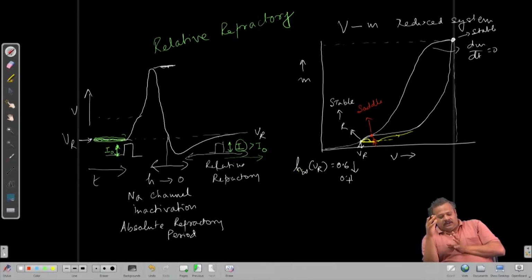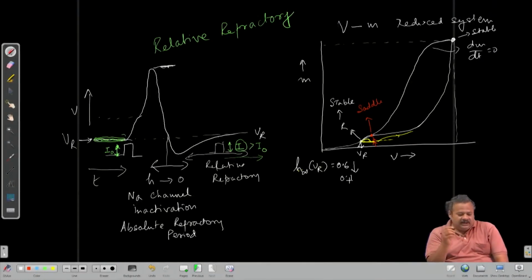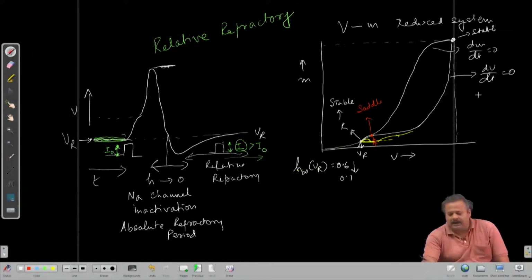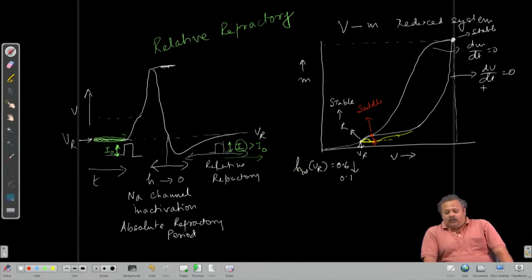Let us say H has reached around 0.1 and is staying there. Then we can plot the corresponding dV dt nullcline, the dV dt equals 0 curve or the V nullcline, with the new value of H.